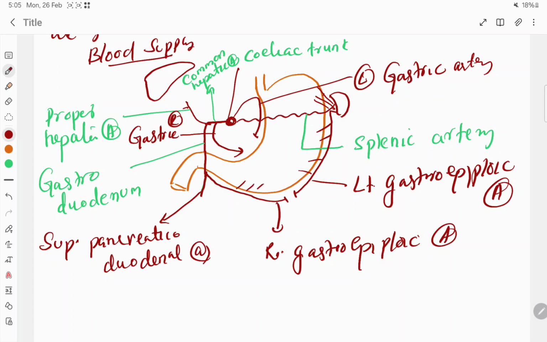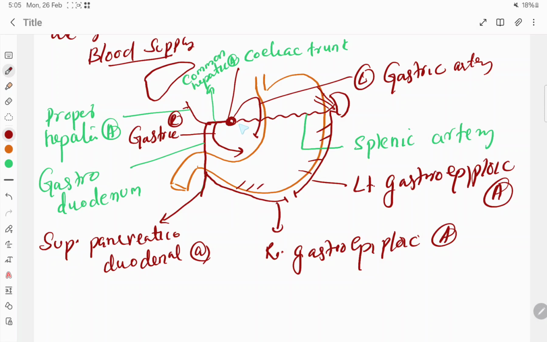Once again, we have the left gastric artery, which is a branch of the celiac trunk, and the right gastric artery, which is a branch of the common hepatic artery. The left and right gastric arteries anastomose along the lesser curvature within the lesser omentum.